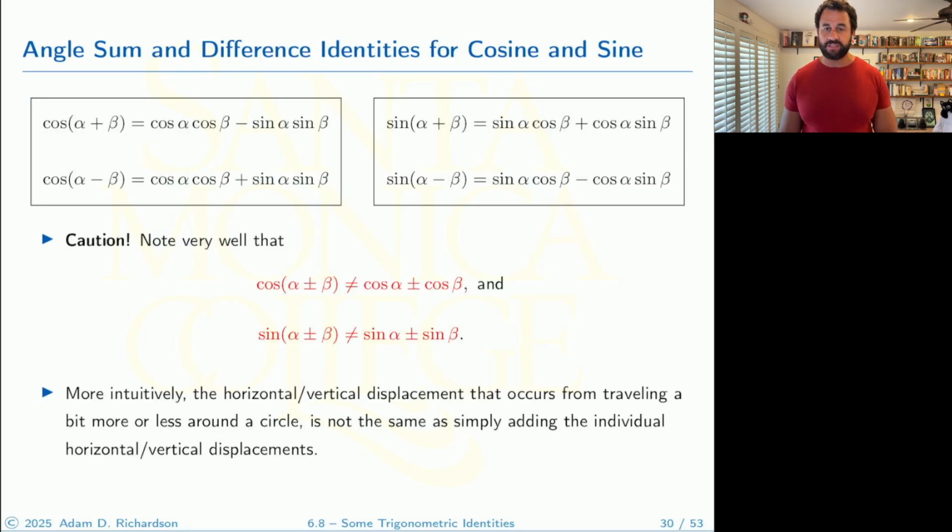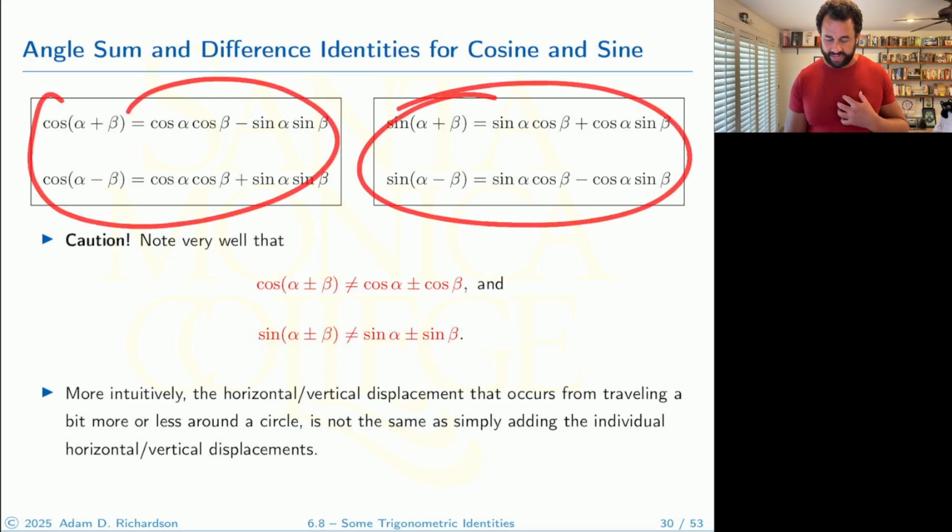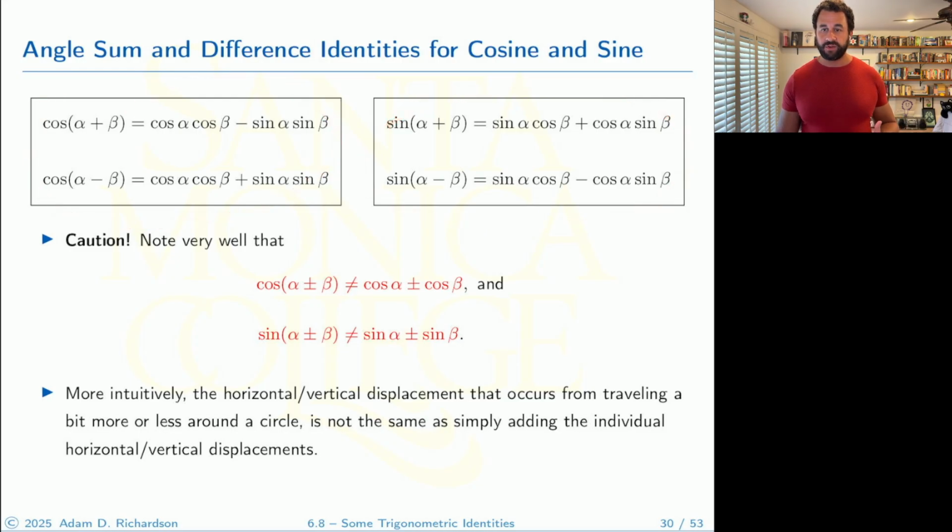Okay, so this is just kind of a summary of what those identities are. Here are the angle sum and difference identities. A couple of notes before we move on to an example involving these. I do not require you to memorize these in my class, okay? For other instructors that are teaching this, they may require you to memorize it, but I do not require you to memorize the angle sum and difference formulas for a couple of reasons.